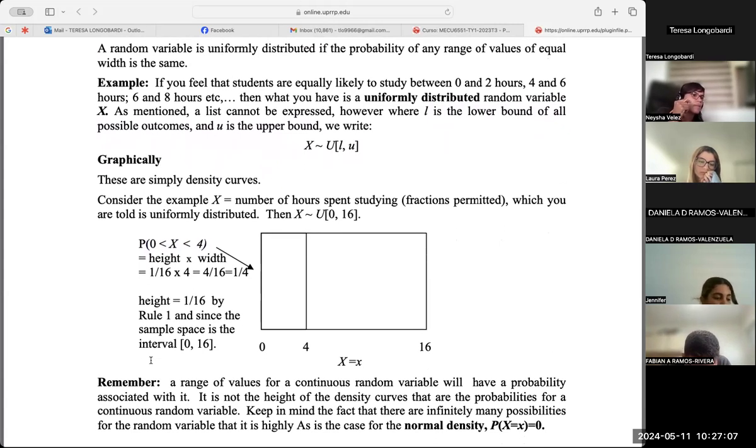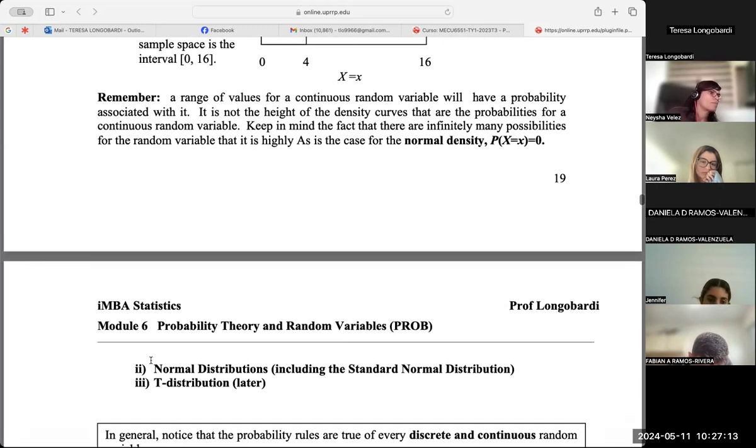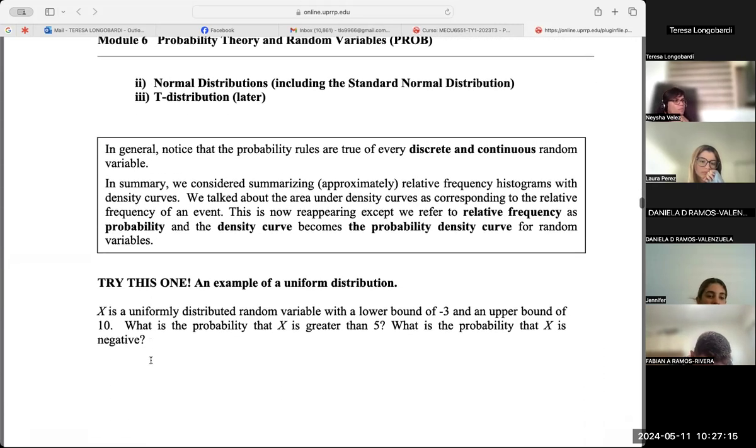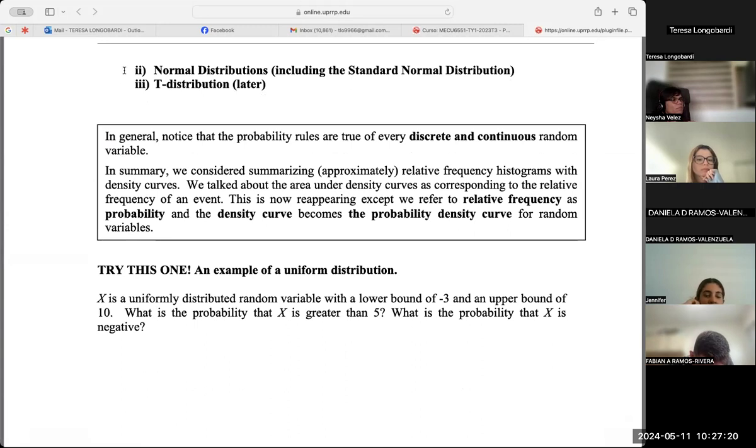Okay, so a best way to do this is the example that I give here. Let's do this example together and you can go back after. We'll do that in a second. I just want to mention the other continuous distribution that we learned was normal. And in module 9, you're going to learn about the t-distribution that's related to the normal.